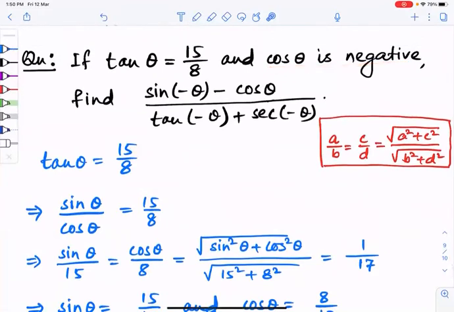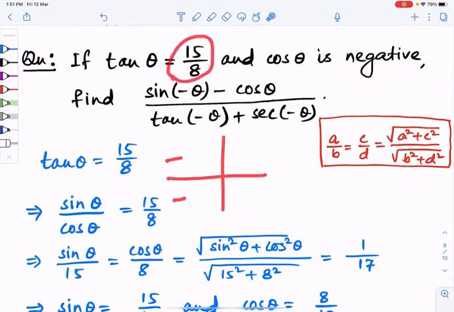Cos theta is negative in which quadrant? All, sine, tan, cos. So cos is negative here and here. What is the value of tan theta? Value of tan theta is 15 by 8. That is positive. Tan is positive where? Tan is positive here and here. Cos negative, tan positive, that is only here. Angle is in third quadrant.